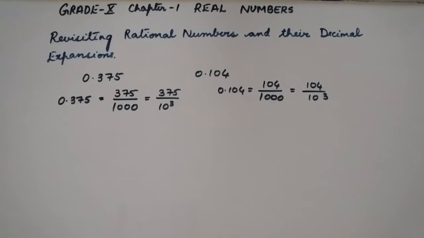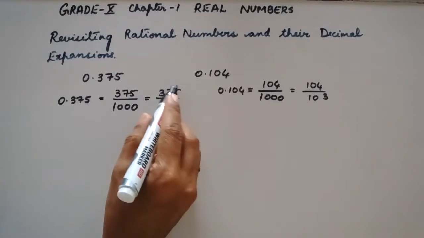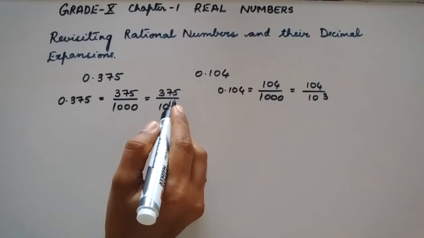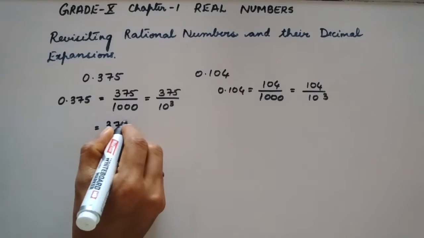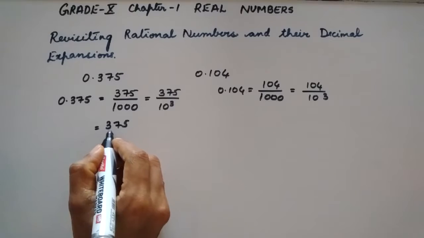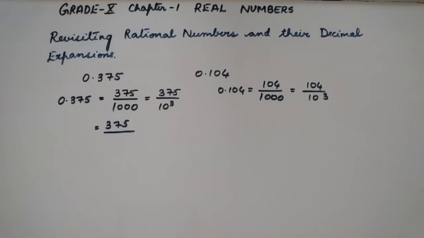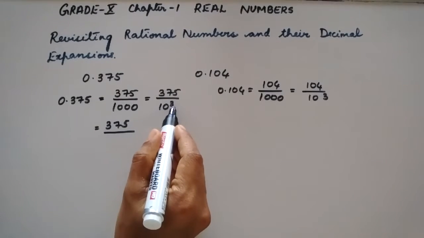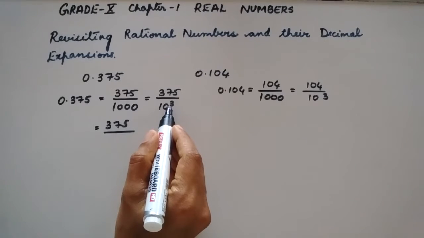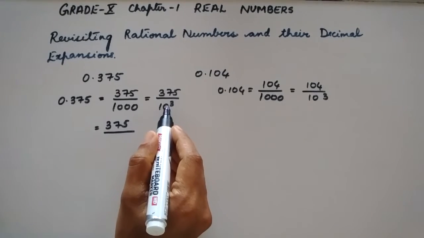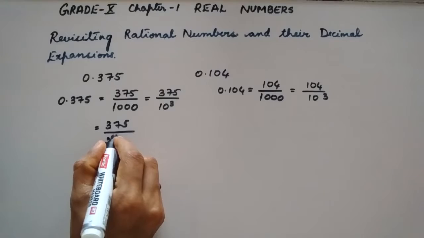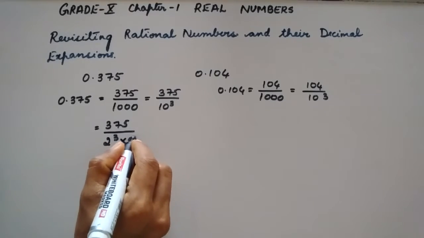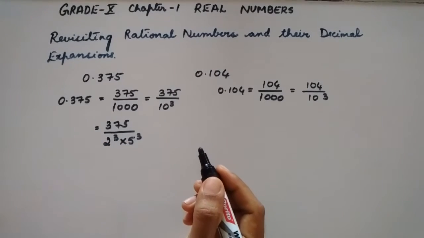Yes. Now next, let us write the same rational numbers this way. That is 375 by 10 to the power 3, which can be written in terms of powers of 2 and 5, that is 2 to the power 3 into 5 to the power 3.